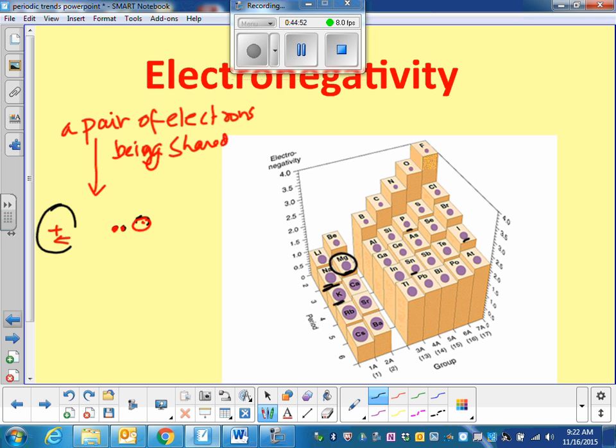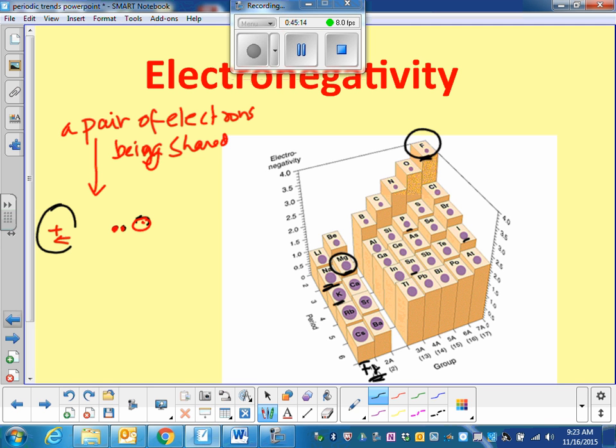Now we are between francium, which is not even listed here, and fluorine. Which will pull more? Fluorine, because it's the most electronegative element on the periodic table.